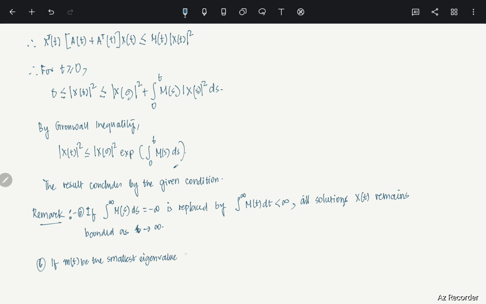Eigenvalue of A(t) plus A transpose of t.